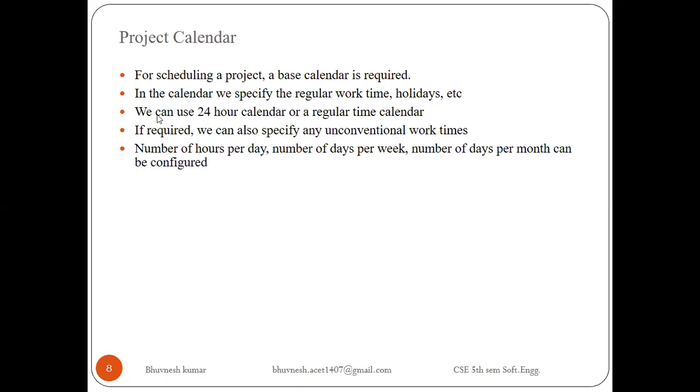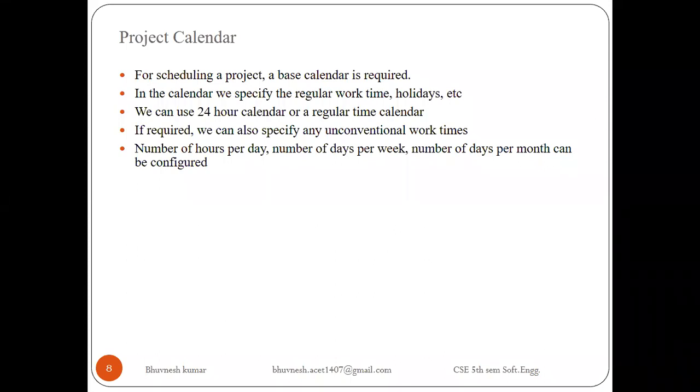For a project, we can use a 24-hour calendar or a regular time calendar. If required, we can also specify any unconventional work times. That is, if we have an important project, then we will go for overtime, and we will open our office, or we can perform the project on weekends also, or on holidays also.